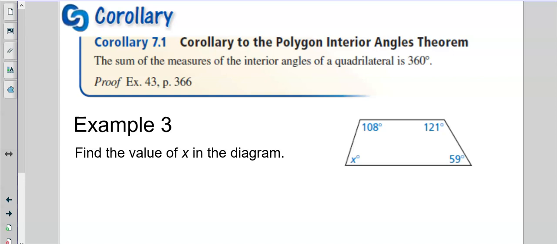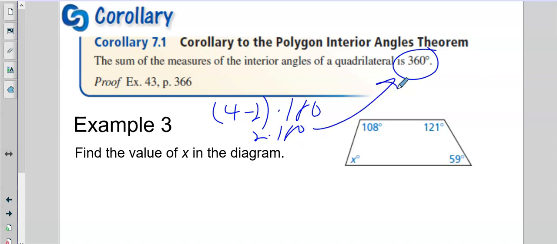Now, corollary to the polygon interior angles theorem. The sum of the measures of interior angles of a quadrilateral is 360. Because if you think about it, 4 minus 2 times 180 is just 2 times 180, which is 360. So if we know it adds up to 360 and we're trying to find x, all we need to do is add these numbers up.